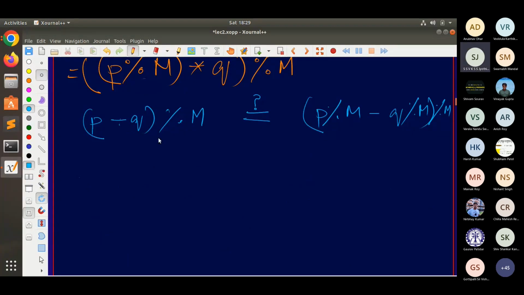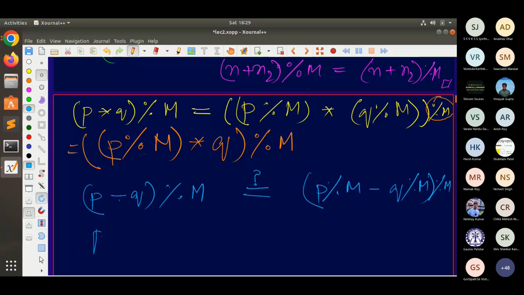Like, we can use modulus, no? Mod of p minus q, the absolute value, percentage m.